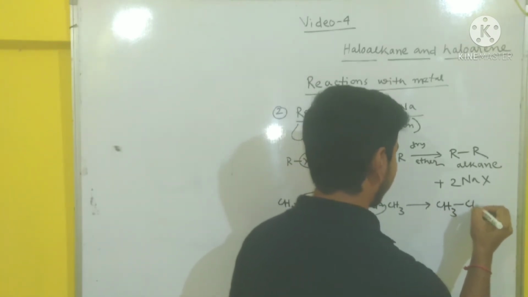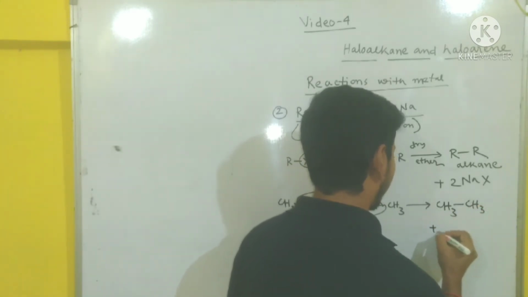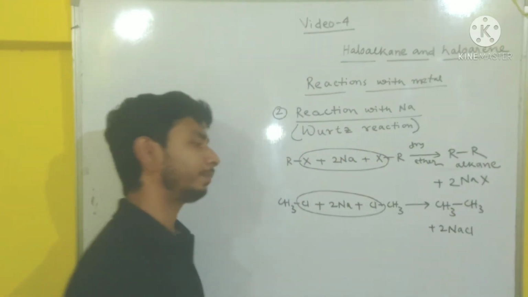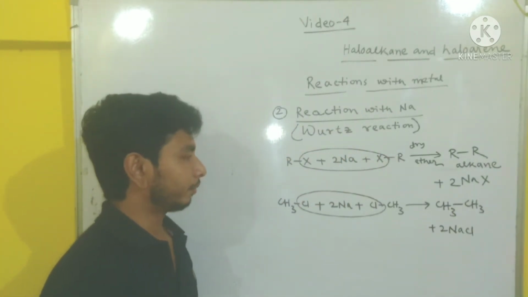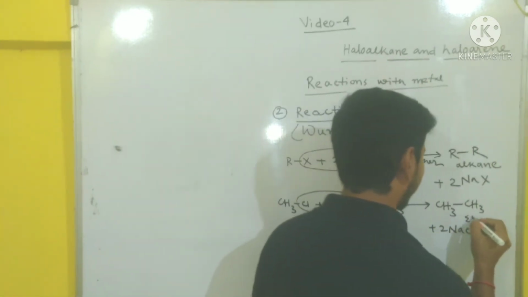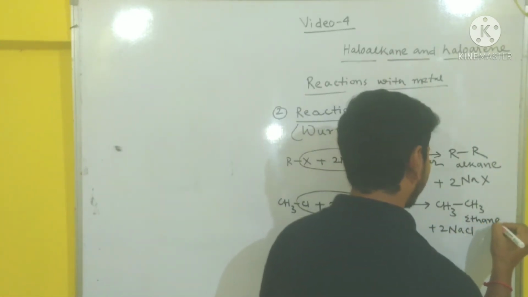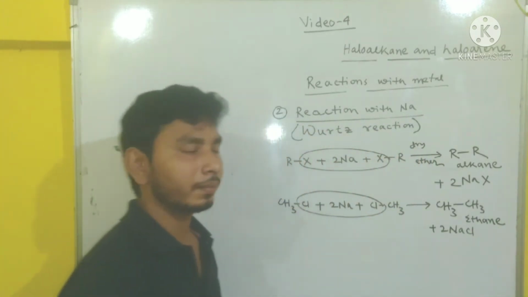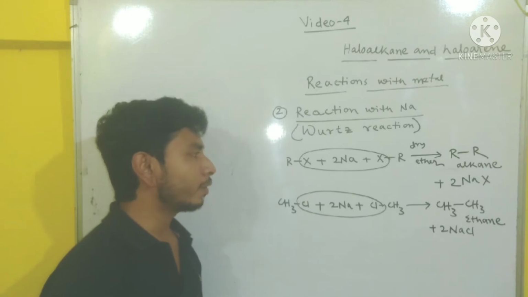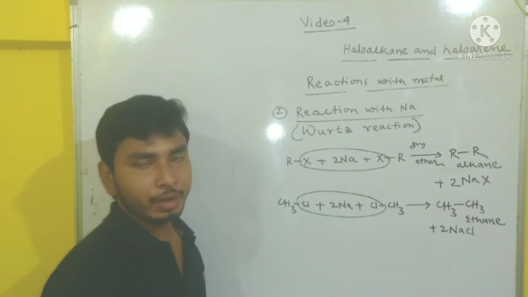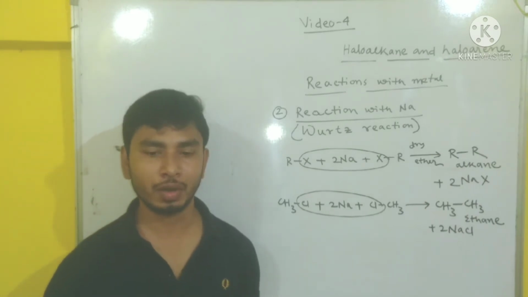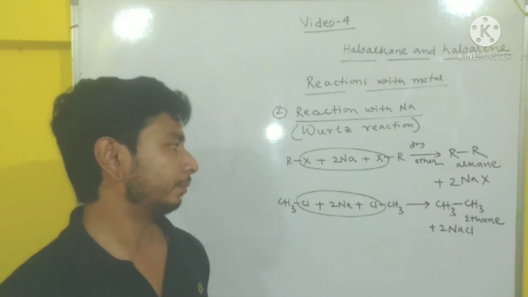So CH3-CH3 plus twice NaCl, that is ethane. So we are getting ethane. So this is about our Wurtz reaction. In the Wurtz reaction, we need two equivalent of alkyl halide and two equivalent of metallic sodium.